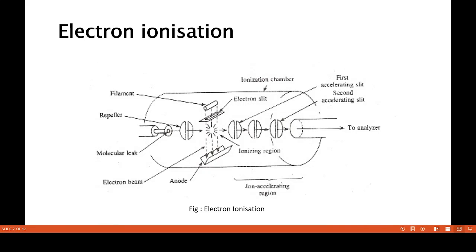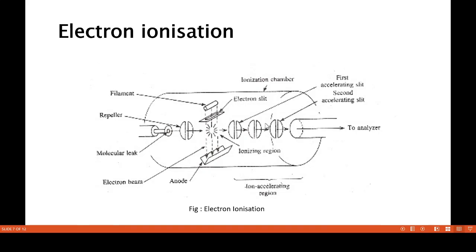This ion accelerating region consists of two slits. This is the first accelerating slit and this one is the second accelerating slit. The first accelerating slit has a positive charge while the second has a negative charge.